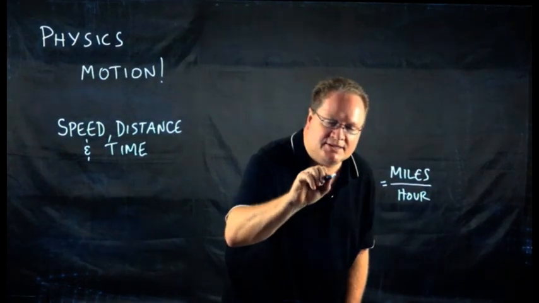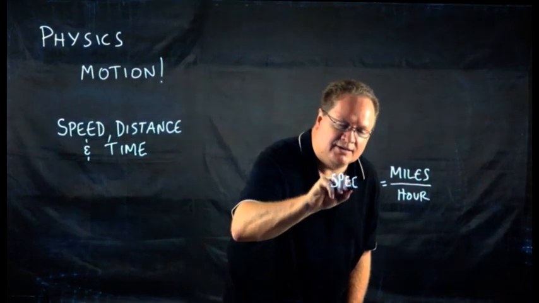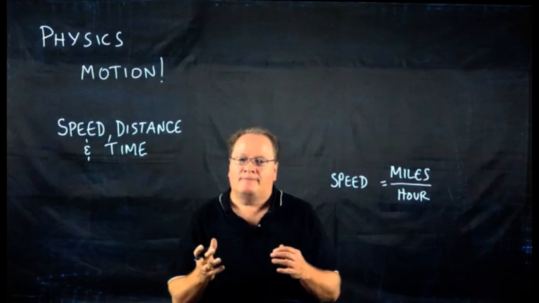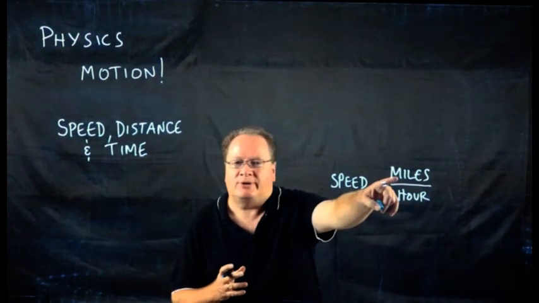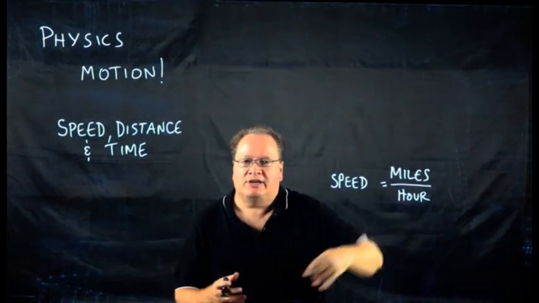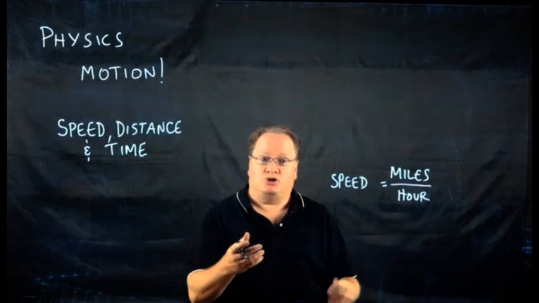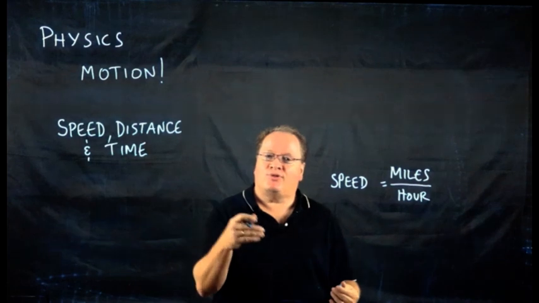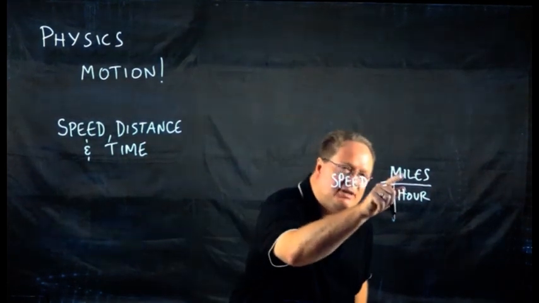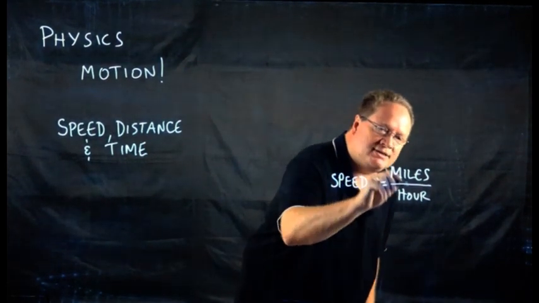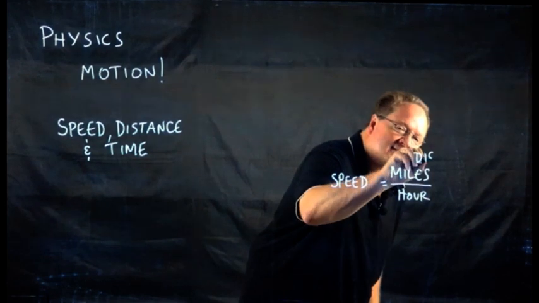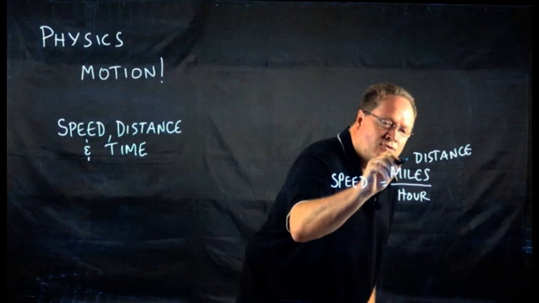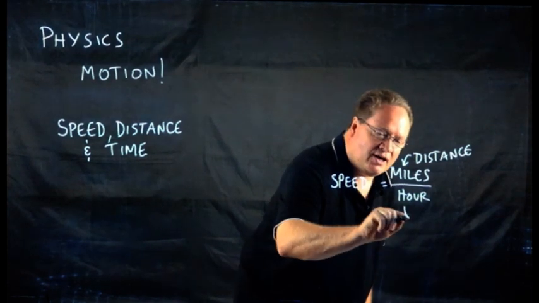We would basically say that our speed is measured in miles per hour. So what am I measuring if I'm measuring it in miles? We could also use kilometers per hour or meters per second. What you'll notice is we always put the distance over the time.